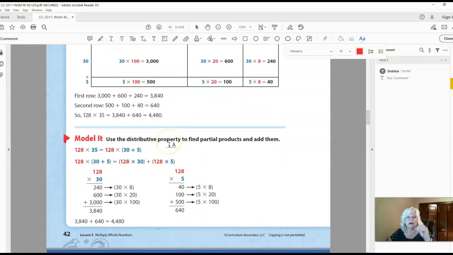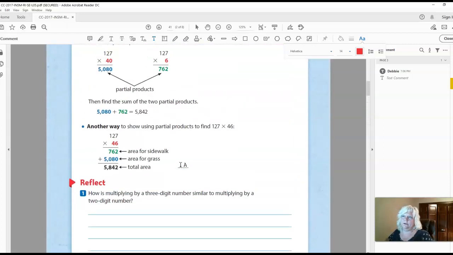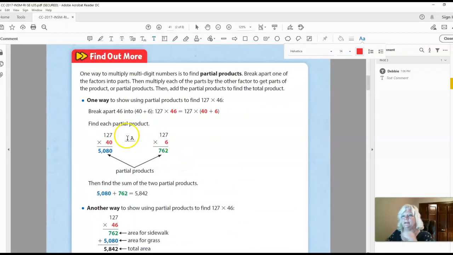This is like that partial product that we looked at yesterday. If we go back, we did this one in class. This one is 127 times 46. They took 127 and this 46 in red, and decided, let's break that apart. Let's do partial products.